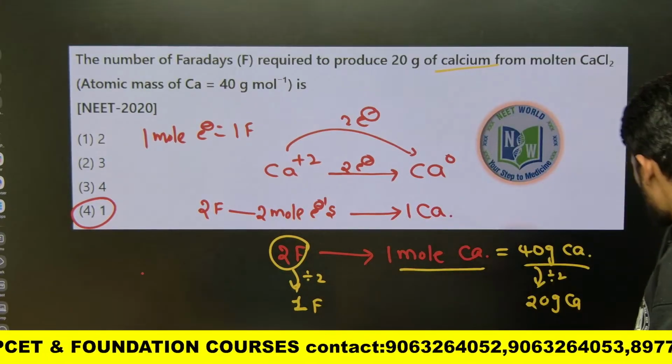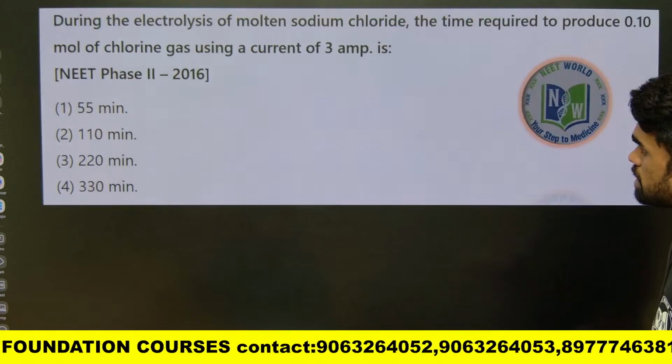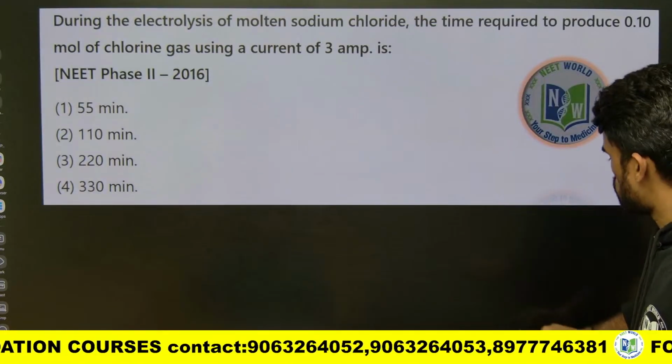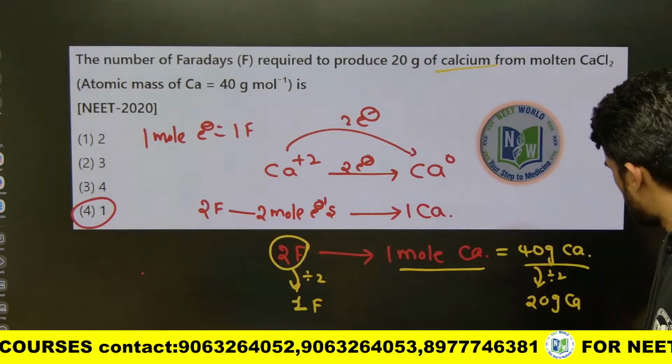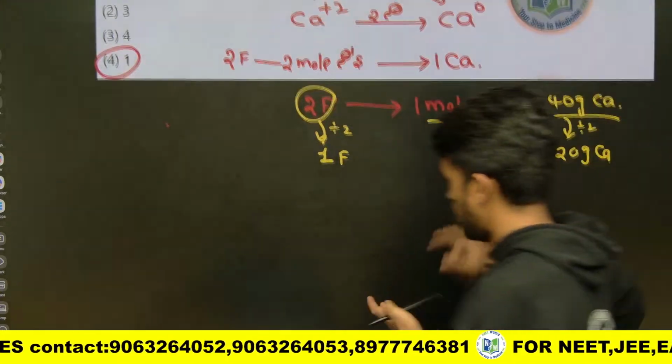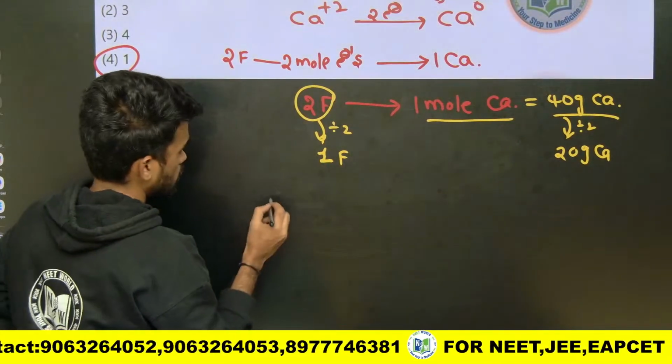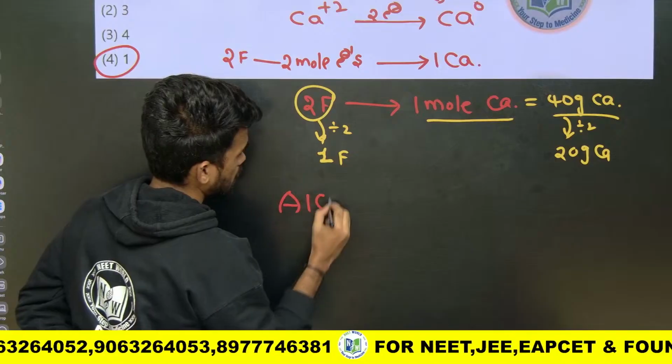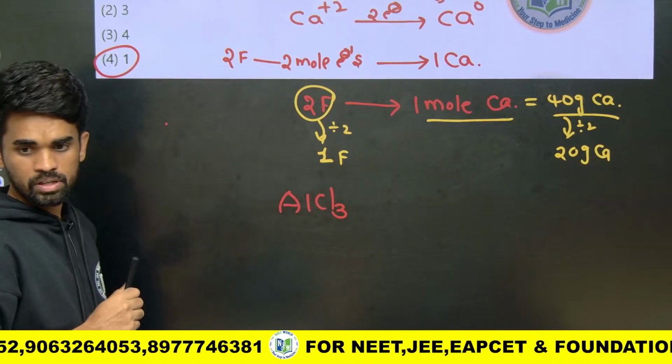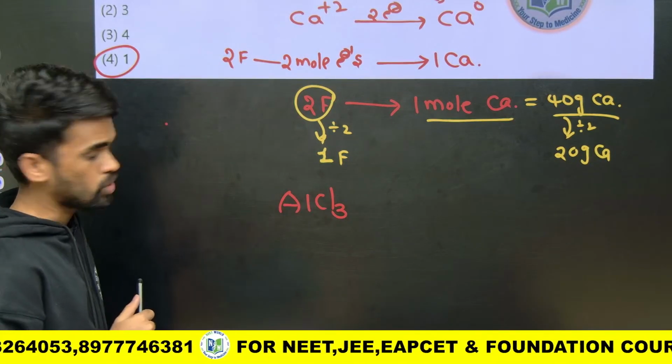Now one more question we will solve, so that it will give us a more clear idea. I just want to give one more question on the same model. I have AlCl3.